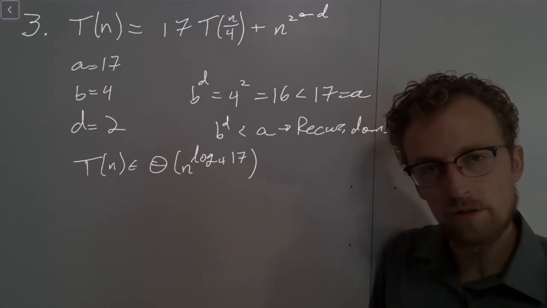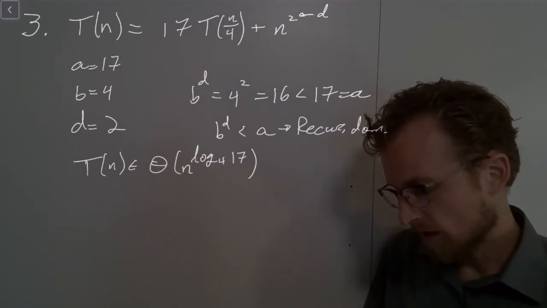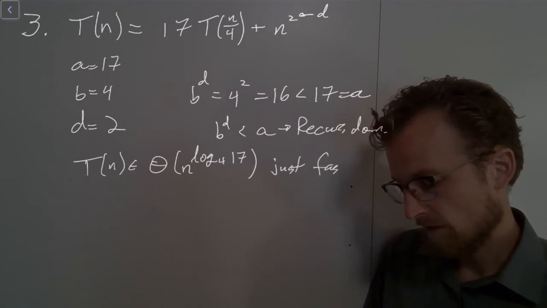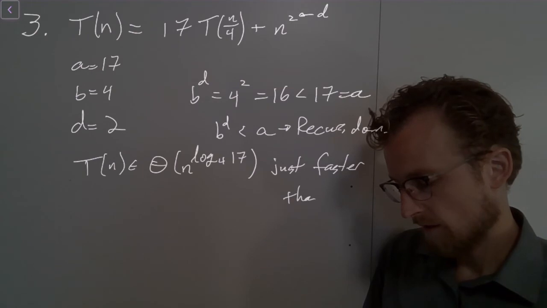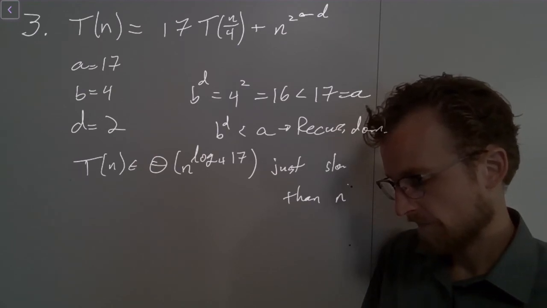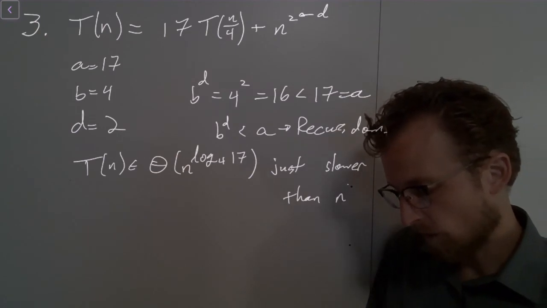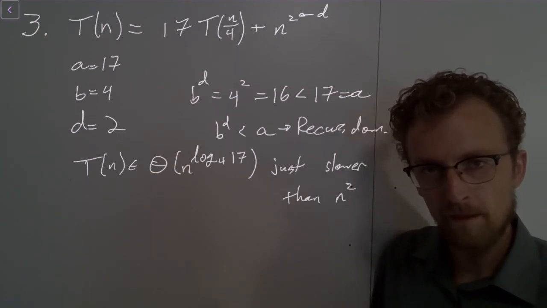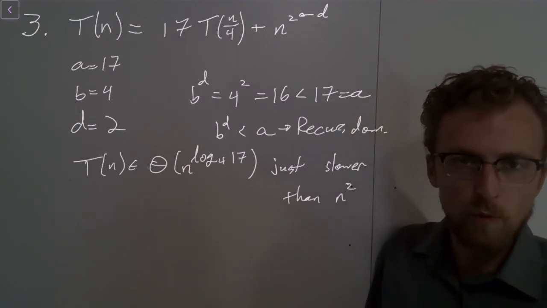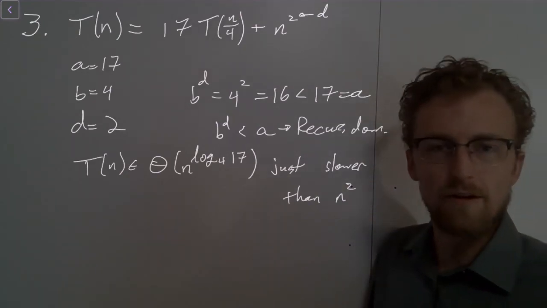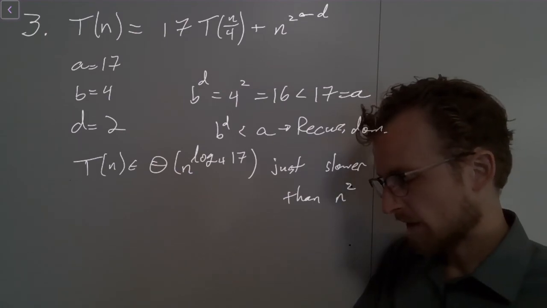That's what the log is doing here. So this is just slower than n squared. The algorithm scales just a tiny bit worse than n squared. So it's n to the 2.1 or something like that. I don't have the exact number here, but you can look that up easily enough.